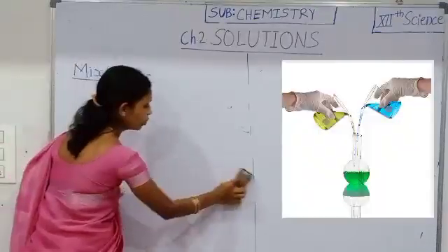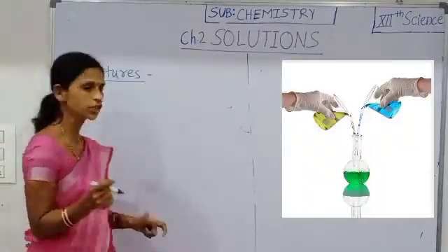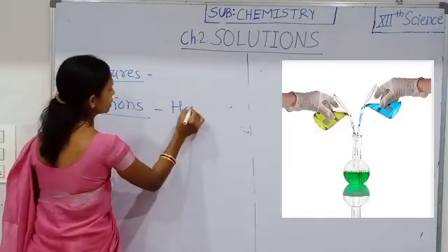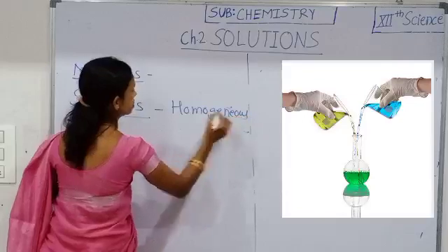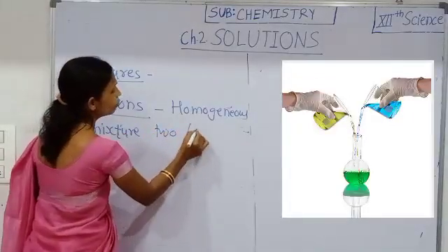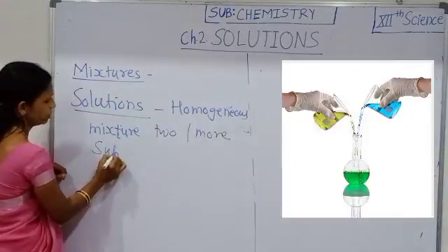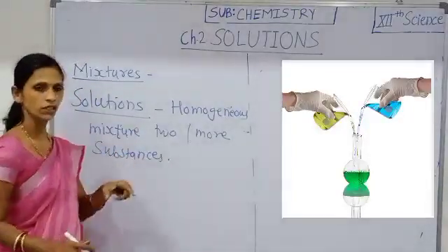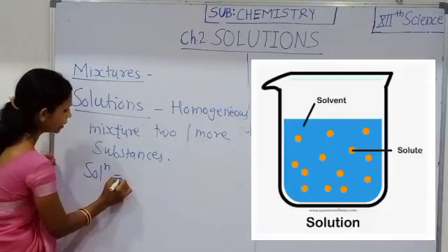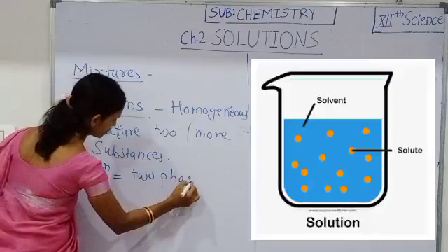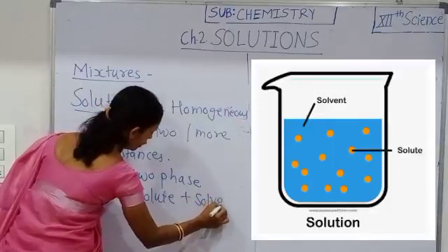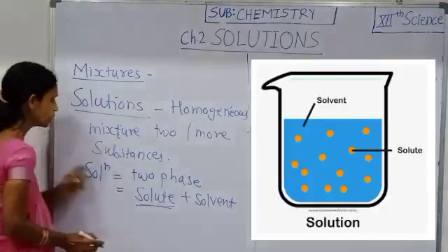A solution is also one type of mixture. It is a homogeneous mixture of two or more substances, in which there are two different phases: one phase is the solute and the other is the solvent.